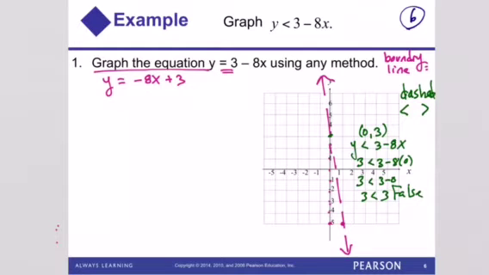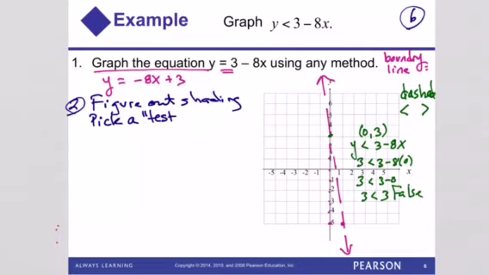The second step is that we need to figure out the shading. The way we figure out the shading is we pick a test point.